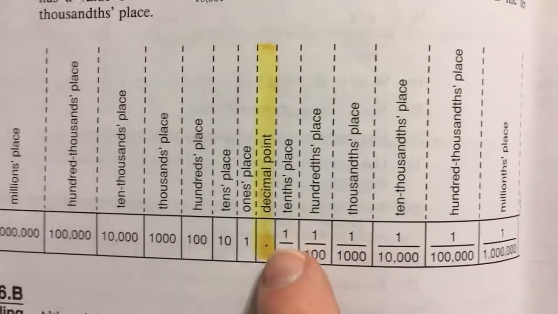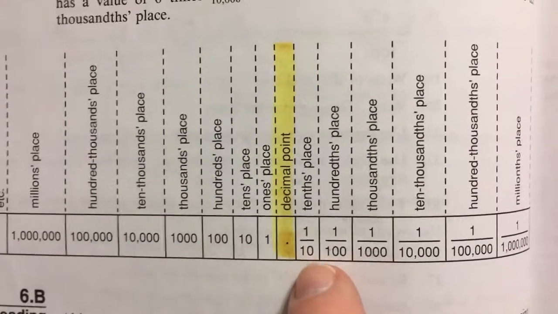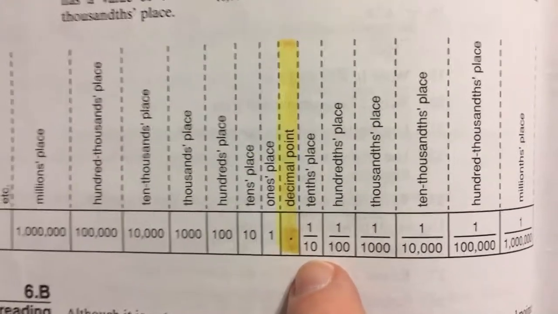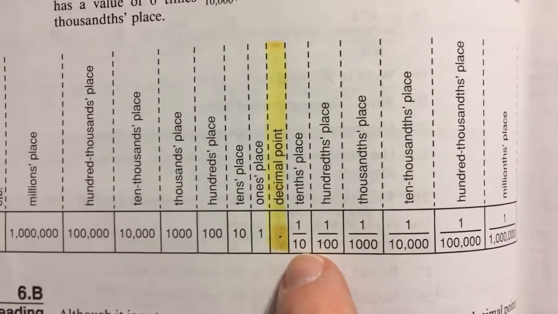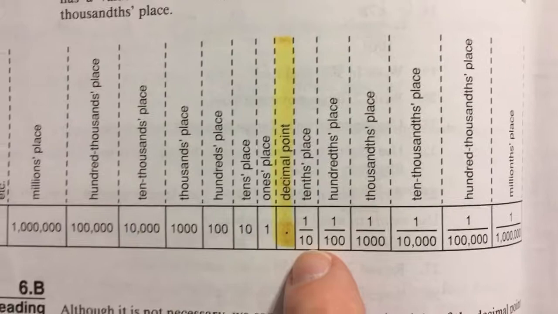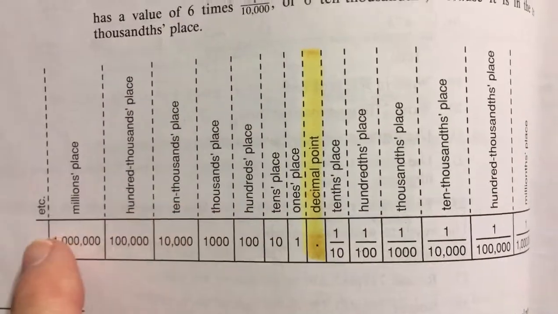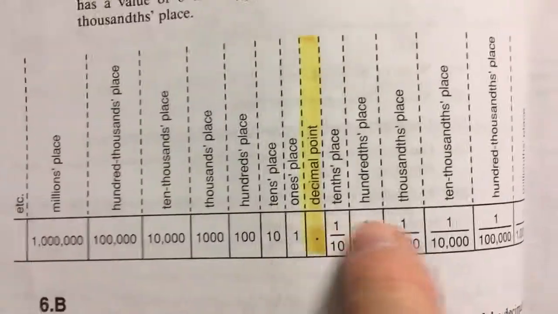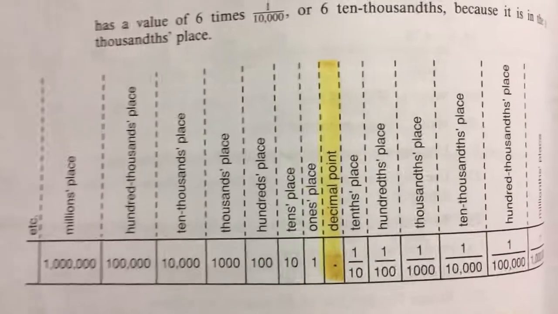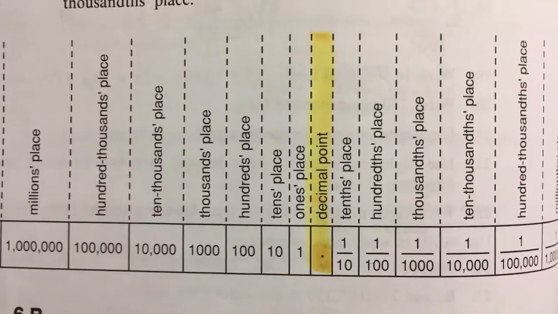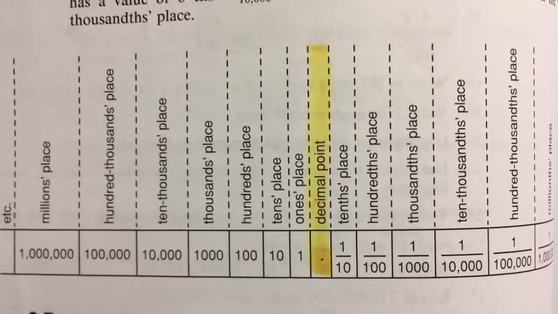Notice that there is a ones place, but there is not a oneths place, because 1 divided by 10 is 1/10, or the tenths place. So each place is 10 times as we move this way, and dividing by 10 as we move this way. That is your decimal layout of place value, and you need to learn that.